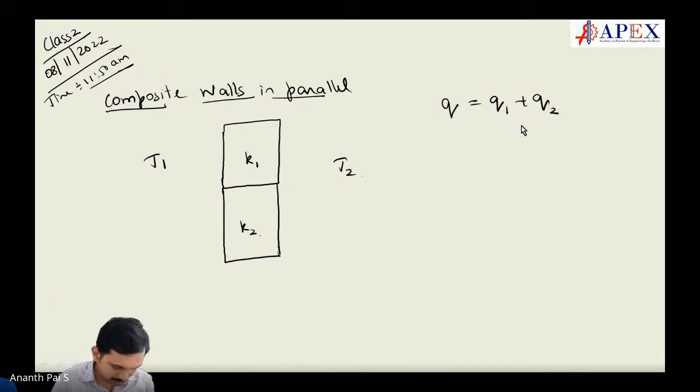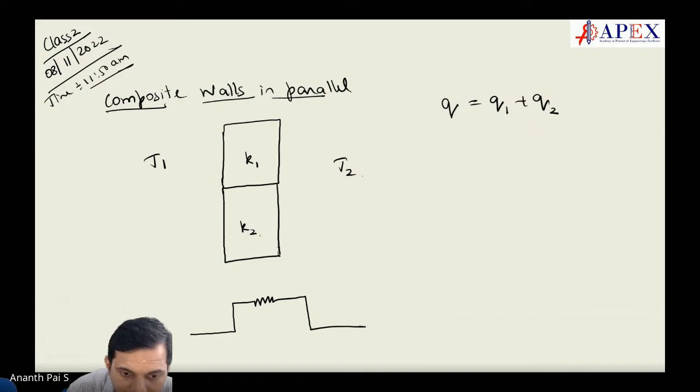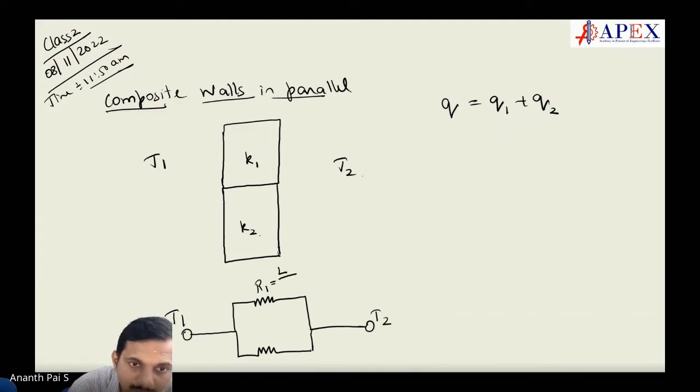Make sense? So if that is the case, this is similar to having things not in series, but in parallel. You'll have T1 here, T2 here, and R1 is equal to L divided by K1, and R2 being L divided by K2.